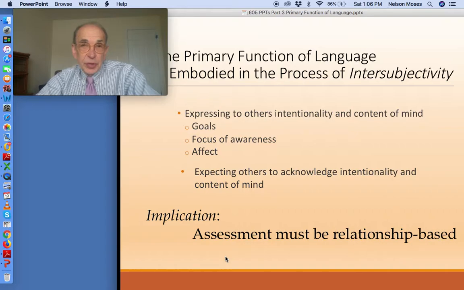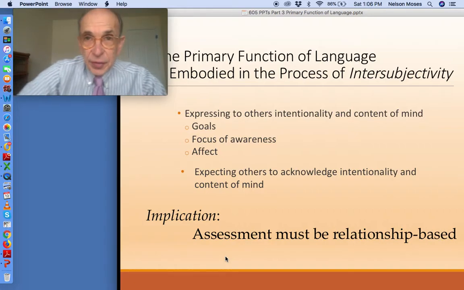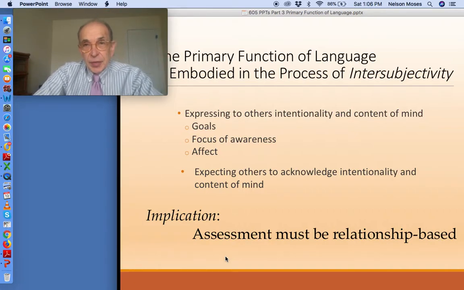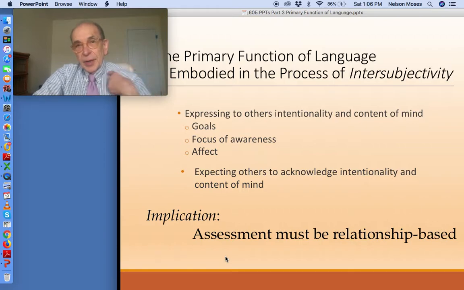Maybe not having to agree, although kids very much are egocentric and want what they want and want us to pay attention. But as long as they're acknowledged, intersubjectivity has been accomplished.